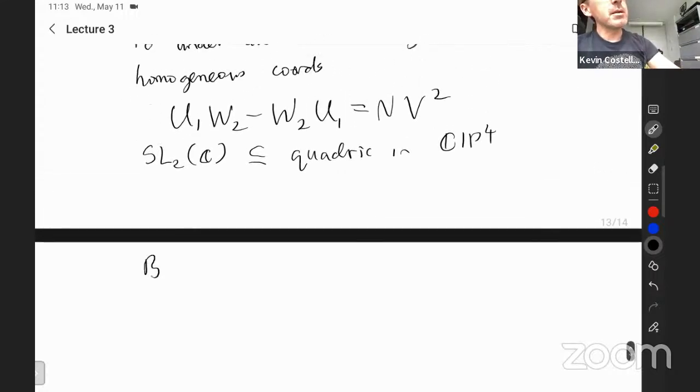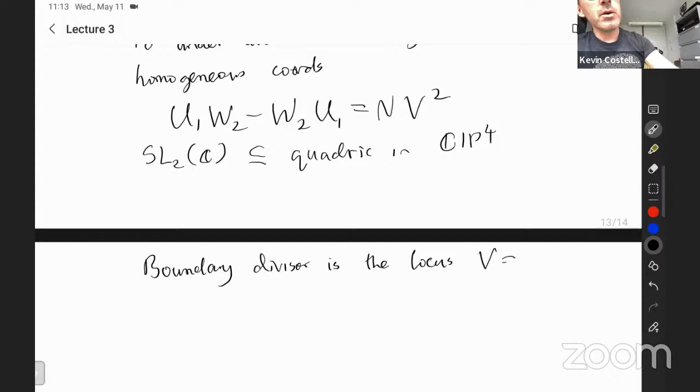The boundary divisor is a locus where V is 0, in which case the equation looks like U1 W2 minus W2 U1 is 0.